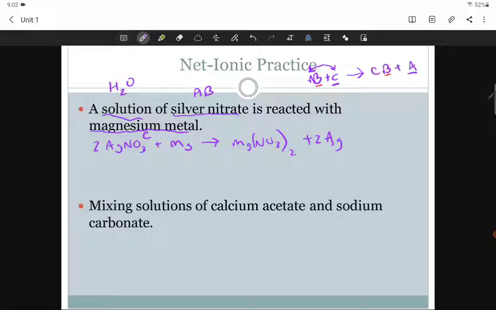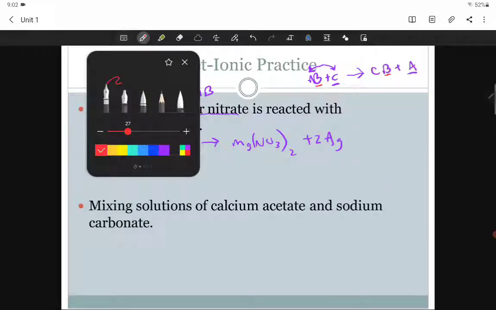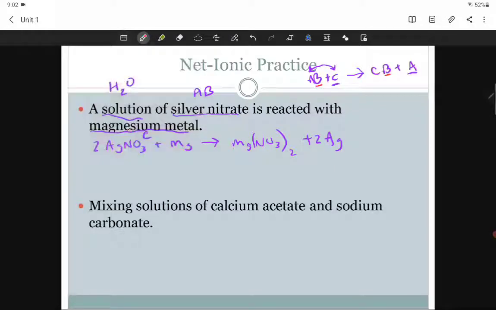Now the second step, in a different color here, should be breaking up any soluble ionic compounds, and since we have water available, you can do that. So we have 2Ag+ plus 2NO3-, the 2 carries through, plus magnesium metal makes magnesium ions plus 2NO3-.